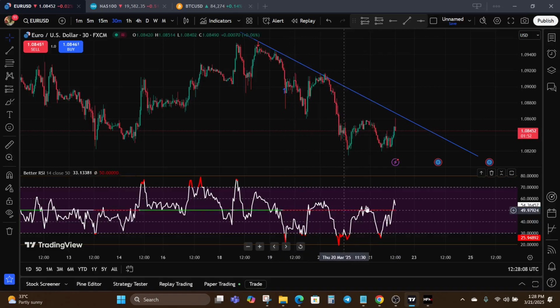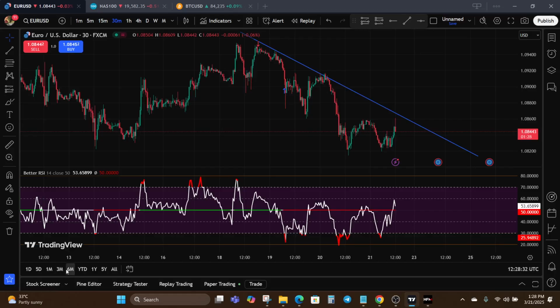When the horizontal line is red, it shows that bearish momentum is prevailing. When it is green, it shows that bullish momentum is prevailing. Okay, so it's a very straightforward indicator. It can help you know when momentum is prevailing in the bullish direction or in the bearish direction.